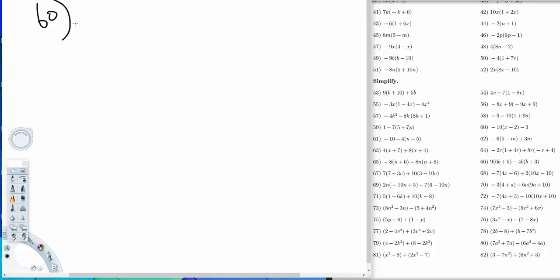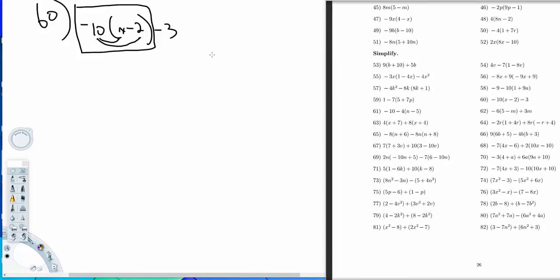Number 60 now. Minus 10 multiplied by x minus 2 minus 3. All right. So we're concerned with this part right here, right? We're going to multiply this by this and this by this. We're going to use the distributive property. Is that what it's called, the distributive property? Hold on a sec.